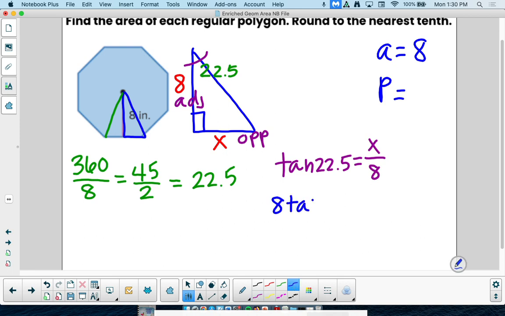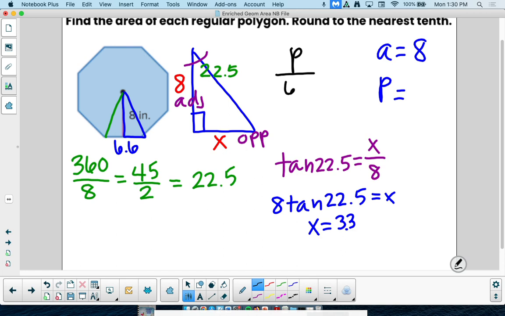Multiply the 8 over. What are we getting? Okay, now careful. That's just this little piece here. What would your whole side length be? 6.6. So your perimeter, 6.6 times 8. 32.8?